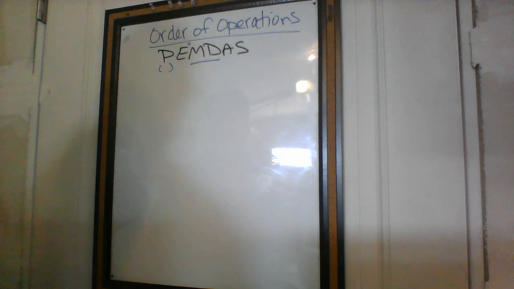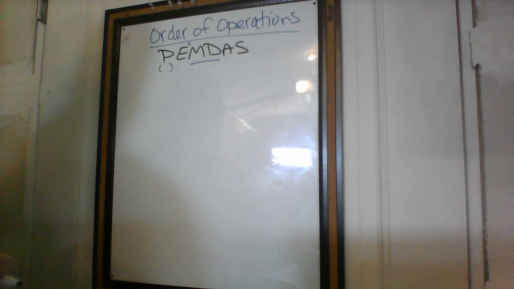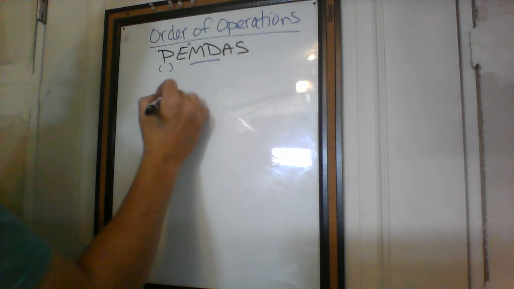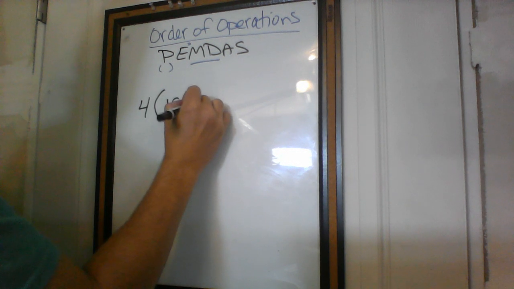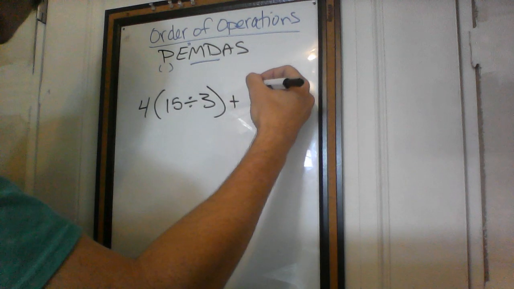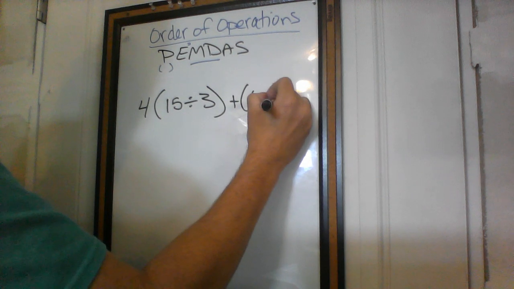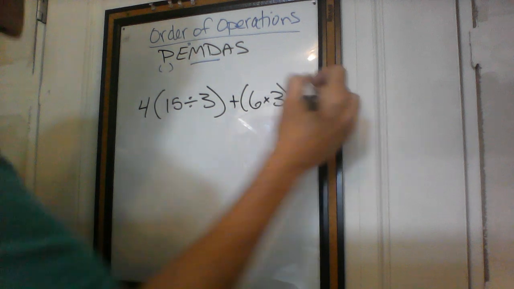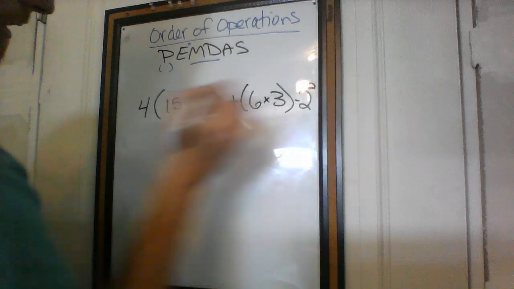All right, time for the tough one. After I write this out, I'm going to let you guys pause it, work on this, and then we'll see how well you do. We're going to do number 4, with parentheses. 15 divided by 3. We're going to add that to 6 times 3 minus 2 squared.